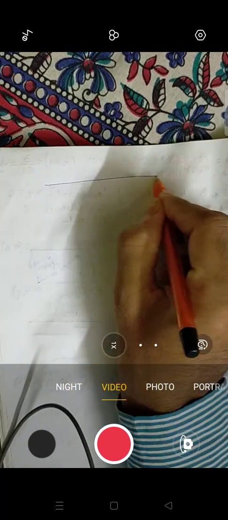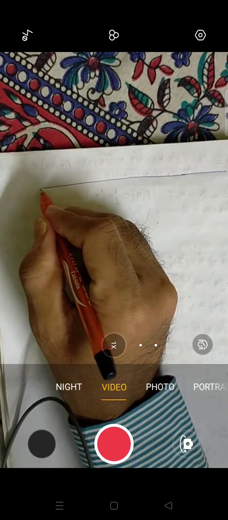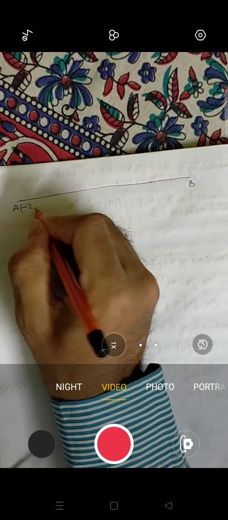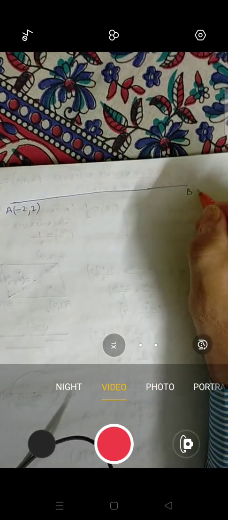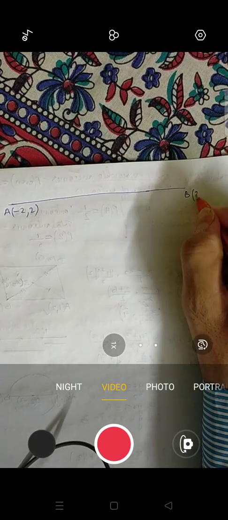So this is AB. Let us suppose this is A, this is B. The value of A is minus 2 comma 2, and B is 2 comma 8.